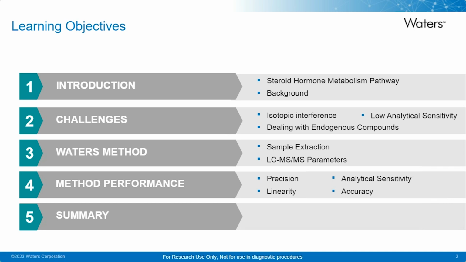I'll also look at how we deal with endogenous type of compounds, such as the estrogens, and then we'll take a look at our solution and how we have tried to tackle these challenges. And I'll also show some of the method performance data.